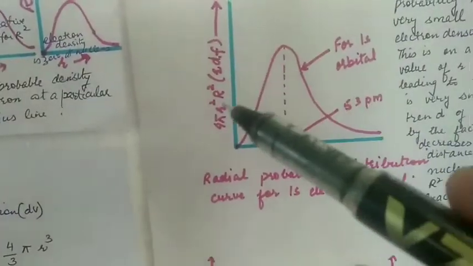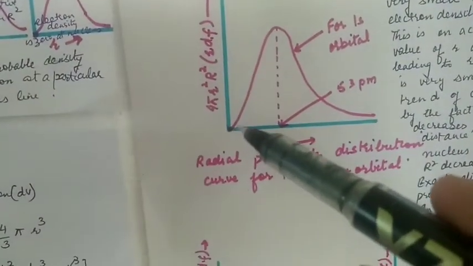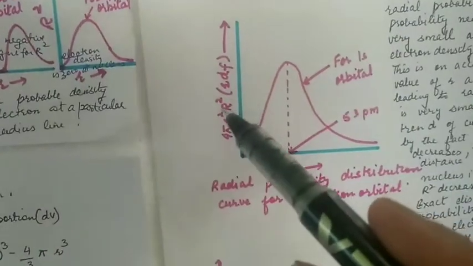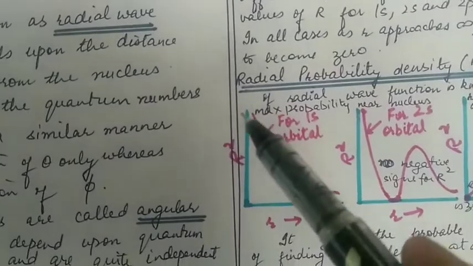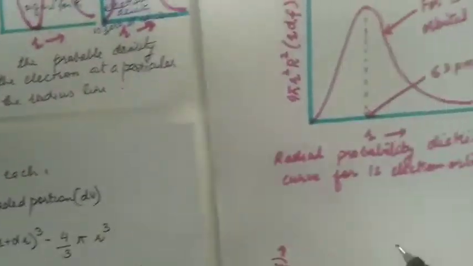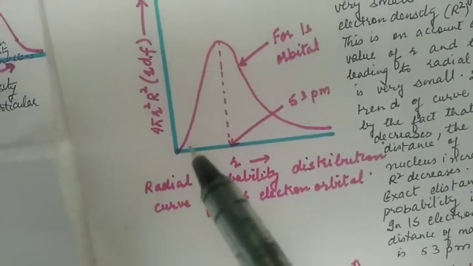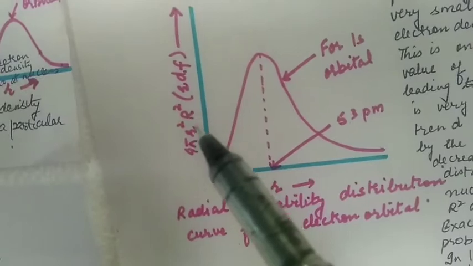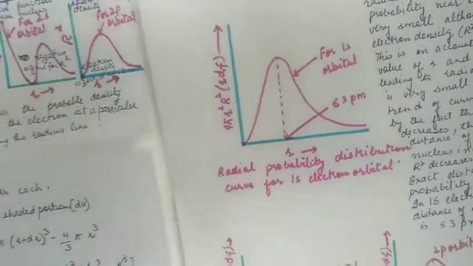You see that this probability function value here is very small, even though the psi square value is maximum for probability density curve for 1s. So how come this value is so small? Because this r is so small that the product also becomes small.